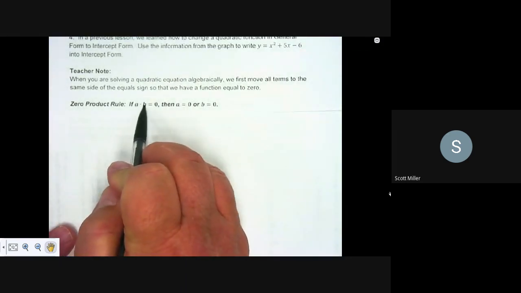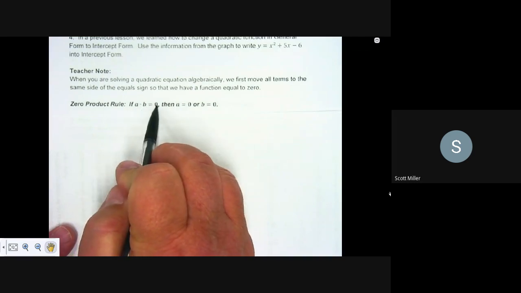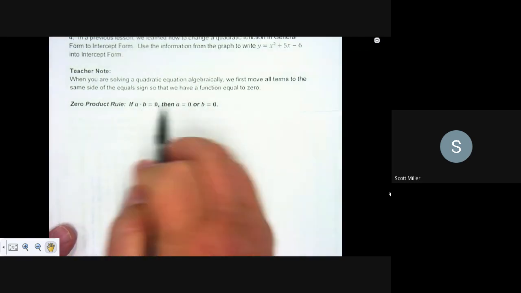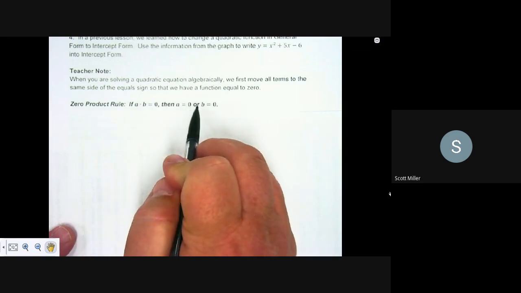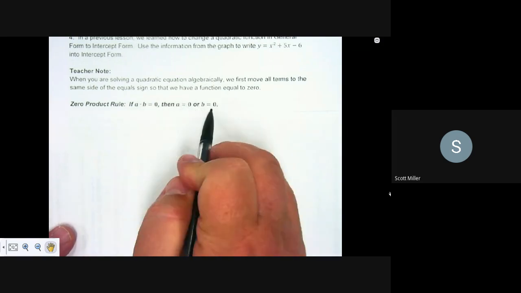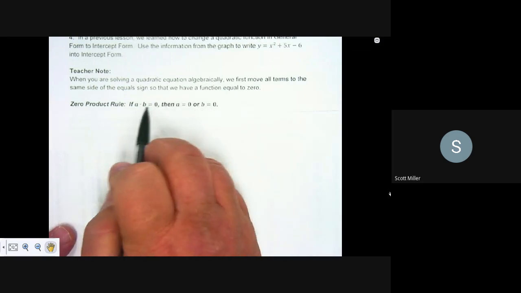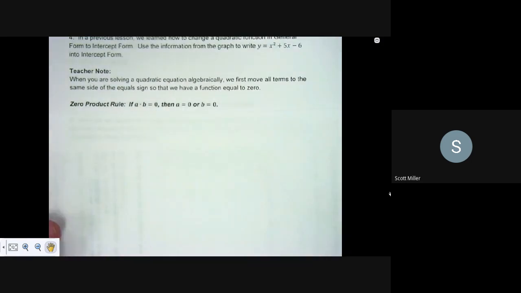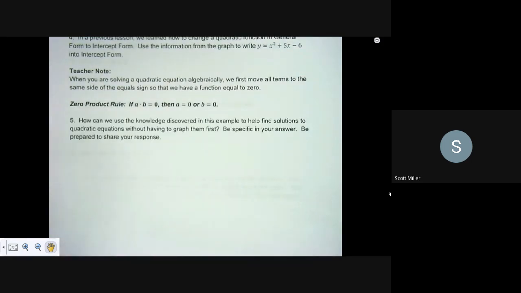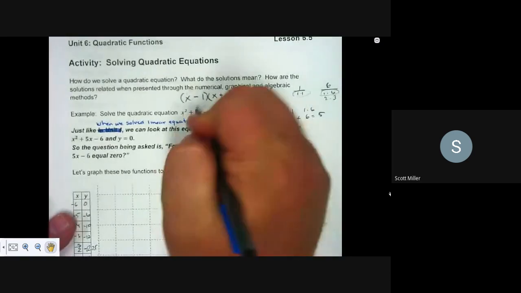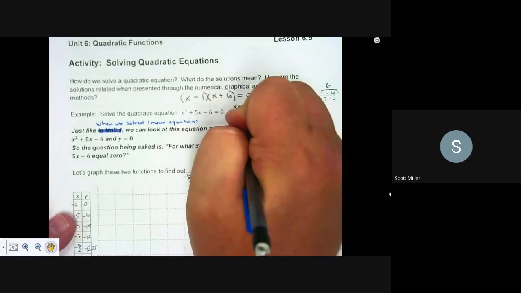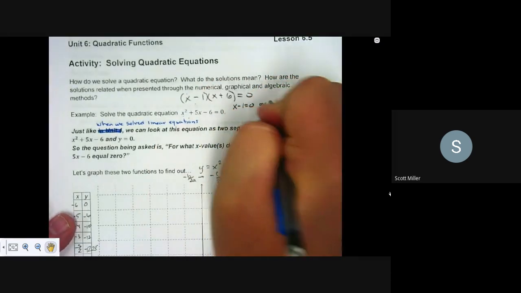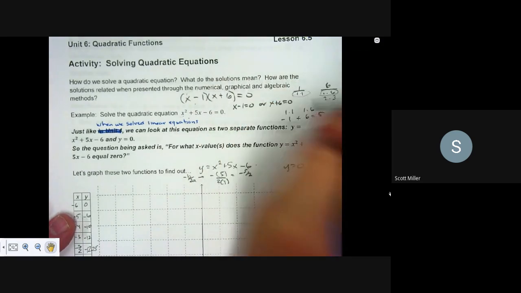If you have a product of two numbers that are equal to 0, then either the first number was 0 or the second number was 0, because that's the only way you can multiply two numbers and get a 0. One of them has to be 0. And since we don't know which one, we say x minus 1 can be 0, or x plus 6 can be 0.